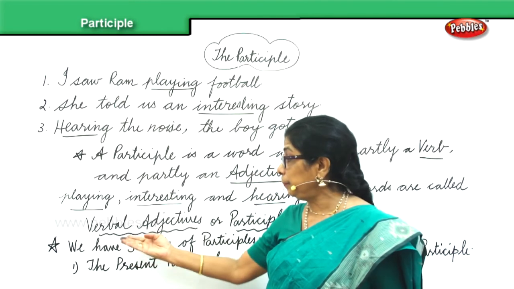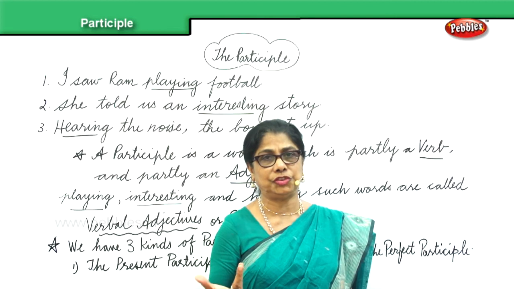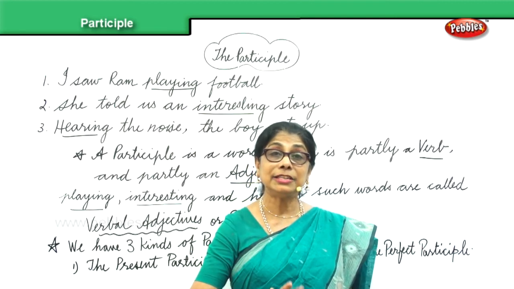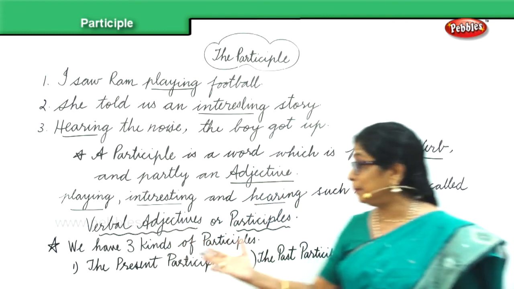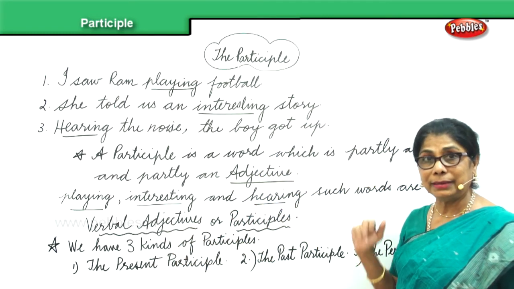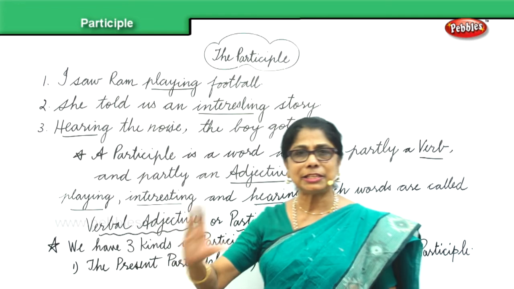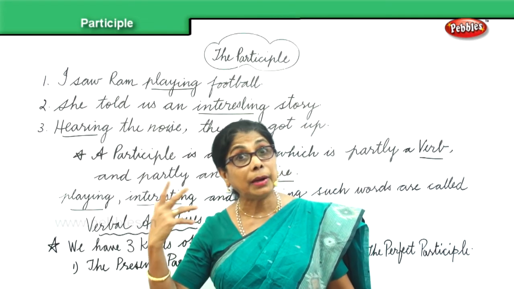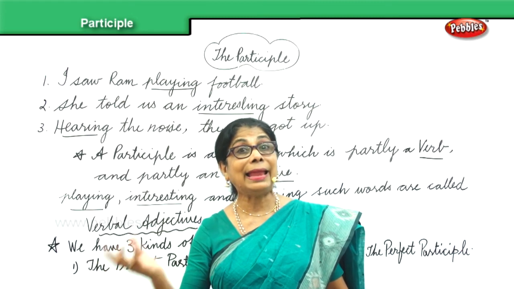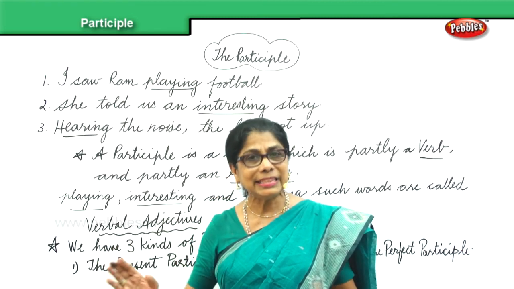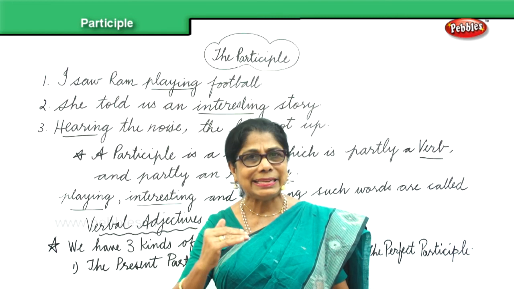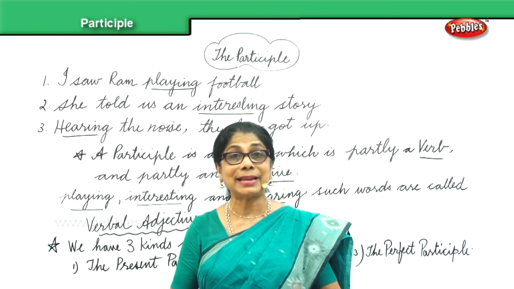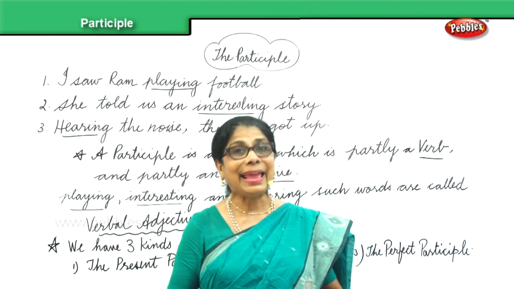Therefore we call them verbal adjectives, or the name is participles. In the participle, we have three categories: present participle, past participle, and perfect participle. Each one, we will do in detail for you to grasp and understand through various exercises.